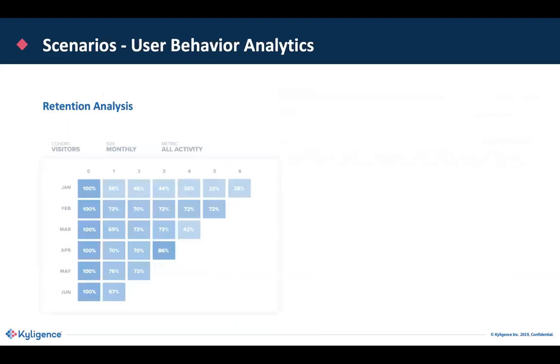Another common scenario is the user behavior analysis. Retention analysis is frequently used, which analyzes the number of customers who visit continuously in a different time period. For example, 10,000 customers used our product on Monday. So how many of them continue to use our products on Tuesday? How many are left on Wednesday?